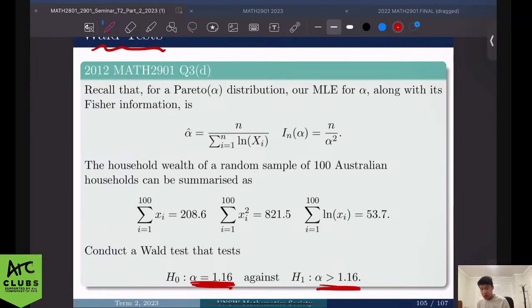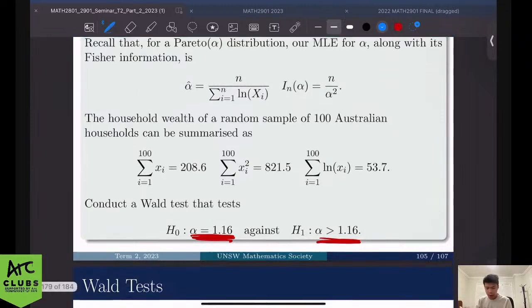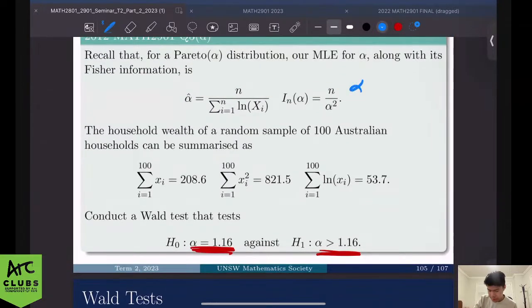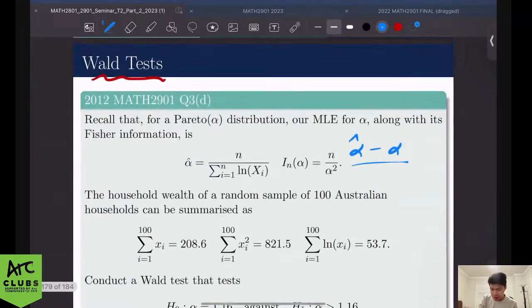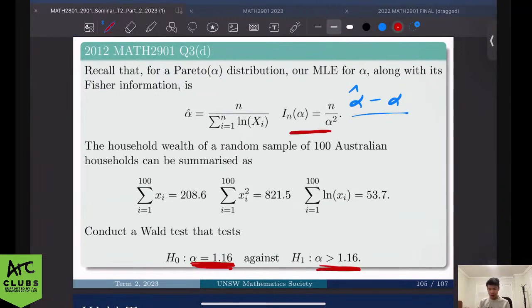The first thing you do is calculate a test statistic, and unsurprisingly, it's the Wald statistic: the estimate of alpha minus the actual value of alpha, divided by the standard error, which would be the Fisher information to the power of minus 1/2.